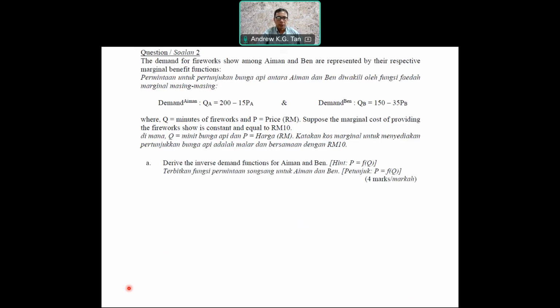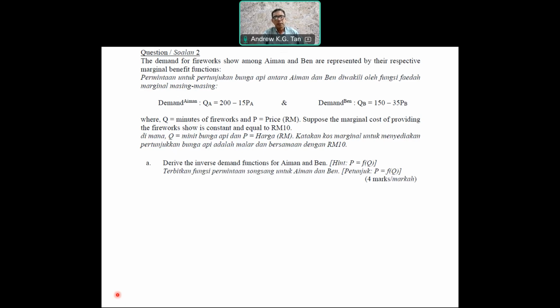Subjective question number 2. The demand for fireworks show among Ayman and Ben are represented by their respective marginal benefit functions. The demand for Ayman is given by QA is equal to 200 minus 15 PA, and demand for Ben is QB is equal to 150 minus 35 PB, whereby Q is equal to the minutes of fireworks and P is price in ringgit.